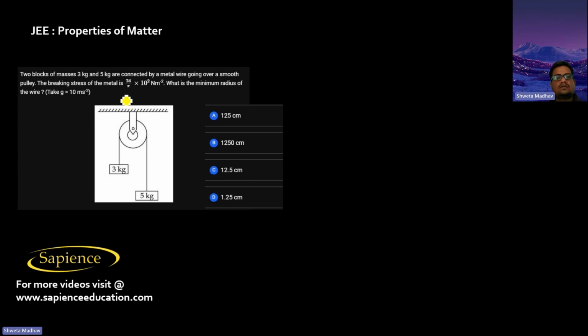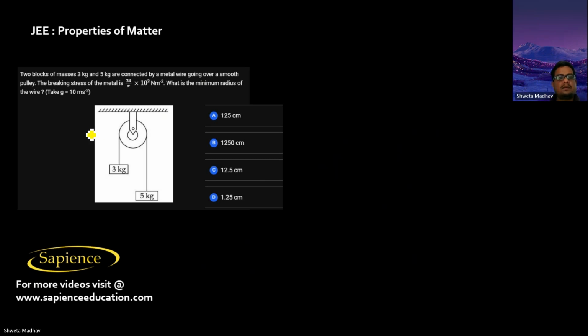Here it says two blocks of masses 3 kg and 5 kg are connected by a metal wire going over a smooth pulley.